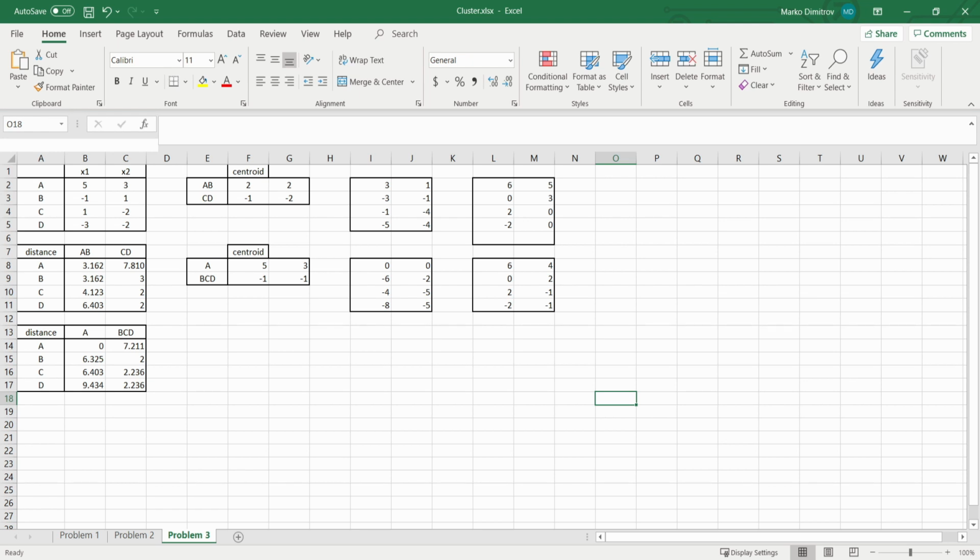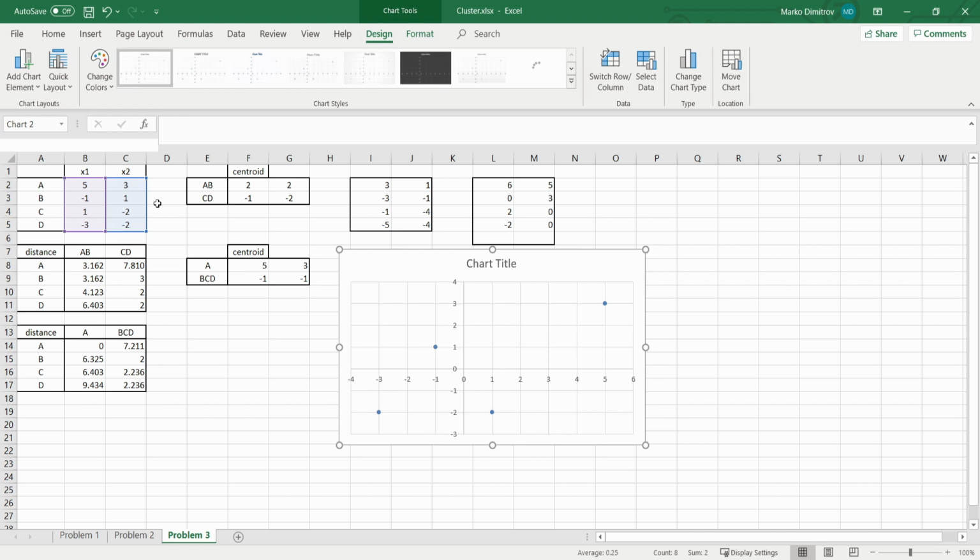Then in step 2, we need to compute some kind of distance. The most natural to us is the Euclidean distance, but again, there are many different distances. Now we need to compute the distance between those. But before doing that, let's right click here, select everything, choose quick analysis, go to charts and create a scatter plot.